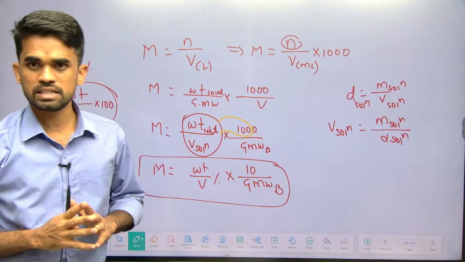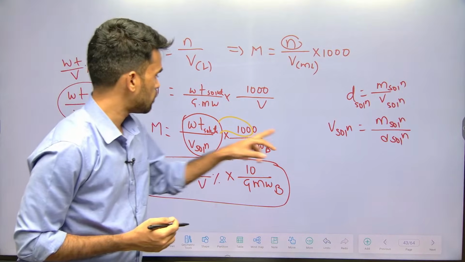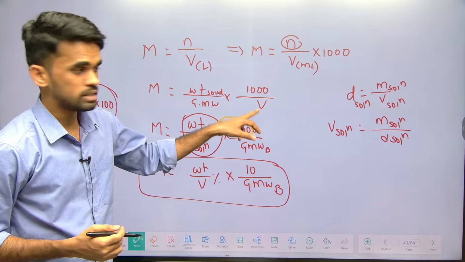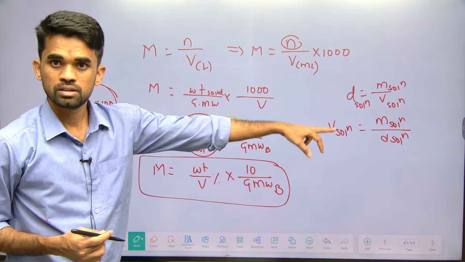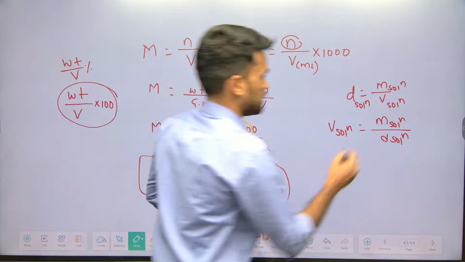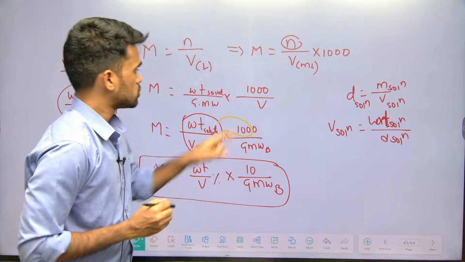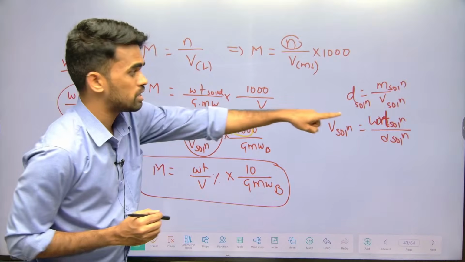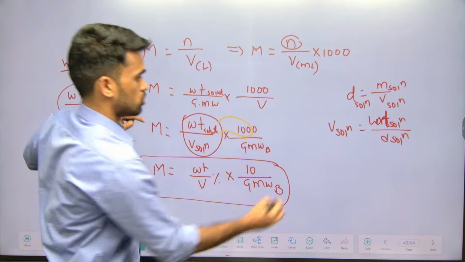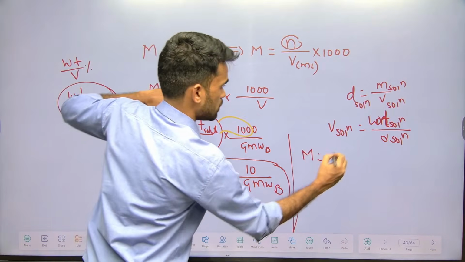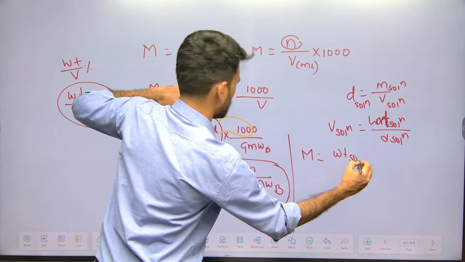Can we write it like this? So wherever I have volume, there I can replace with mass by density. I am writing mass just as weight, so that you will feel clarity. So molarity is equal to weight of solute as it is, by, in the place of volume, what am I writing now?